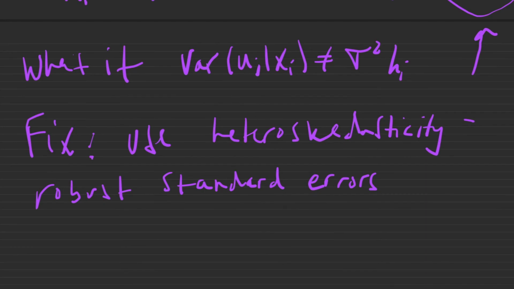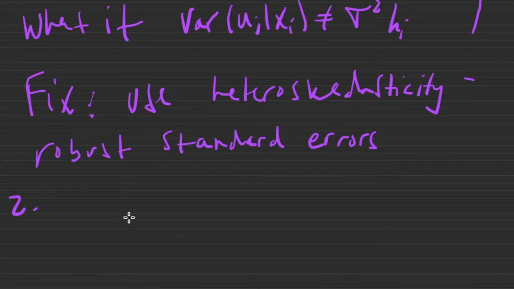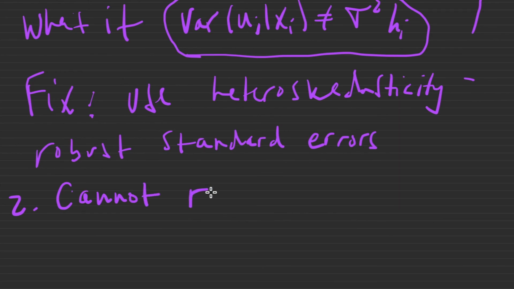So that second point, let's just talk about that for a second. If we have misspecified the variance function, so if this is happening, the conditional variance of u given x is not equal to sigma squared hi for our chosen function h of x, then as we have just discussed, we cannot rank OLS and WLS in terms of variances or asymptotic variances.